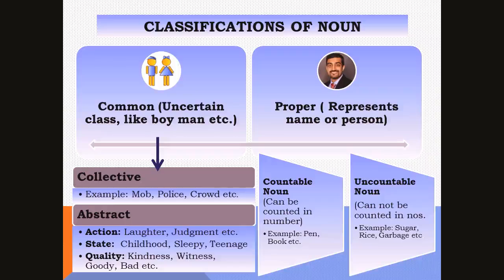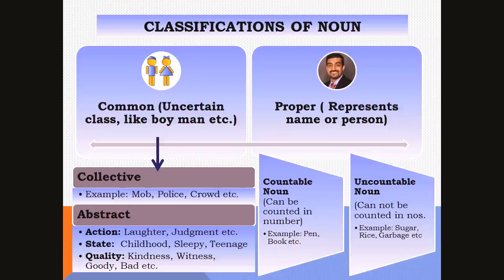Abstract nouns, sometimes you can easily see that these work like a noun, but sometimes they belong to some verb or adjective, like action, laughter, judgment. These are representing work, but these are abstract nouns.